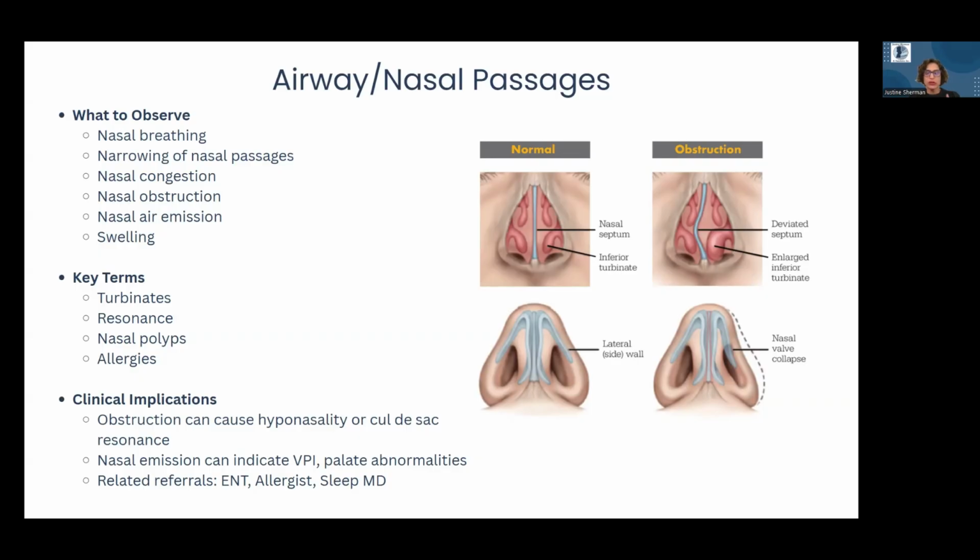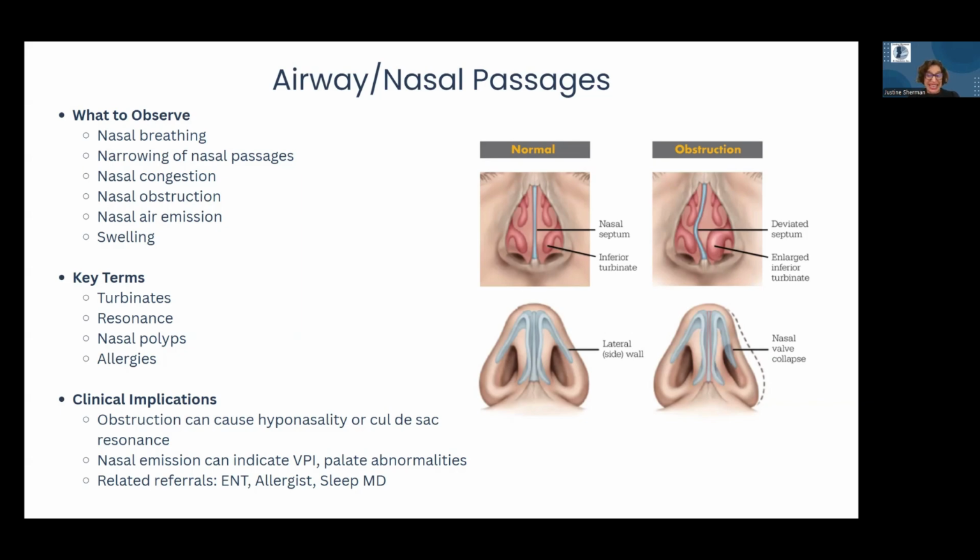So we have important clinical distinctions here. One, if we have intermittent congestion, that may suggest allergies. But if we have consistent bilateral or unilateral obstruction, that raises concern for a structural issue. That may be enlarged turbinates, enlarged tonsils, adenoids.